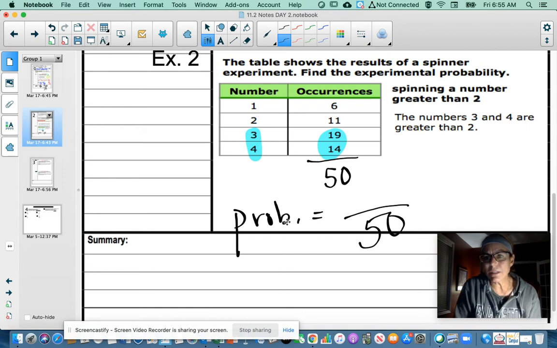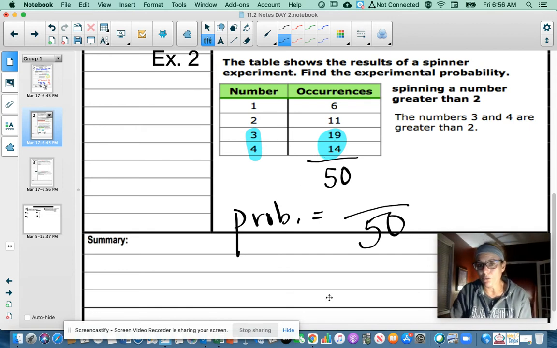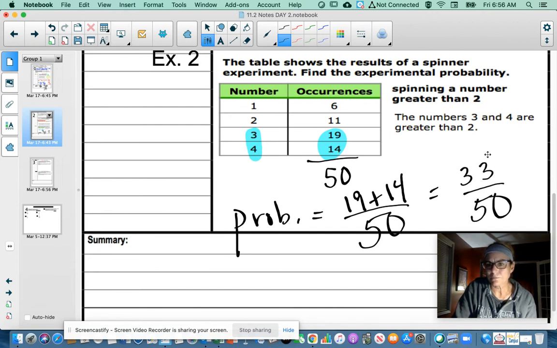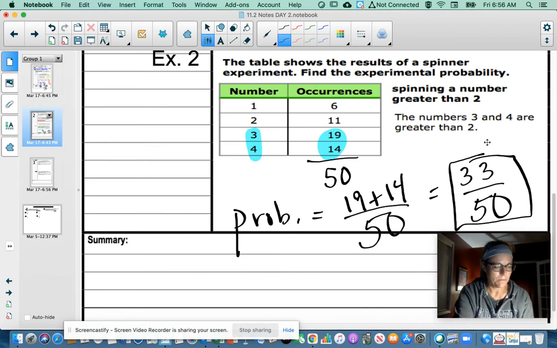How many times did it land on 3 or 4? That would be 19 plus 14. 19 plus 14 is 33. And there is our probability.